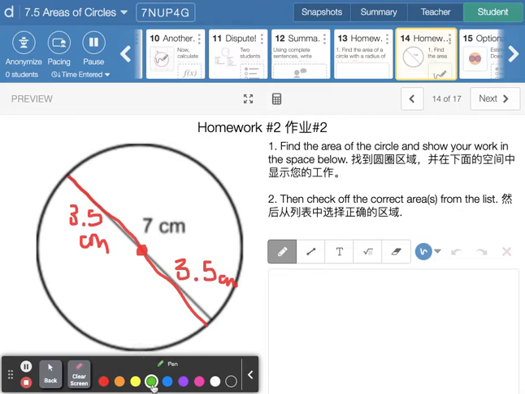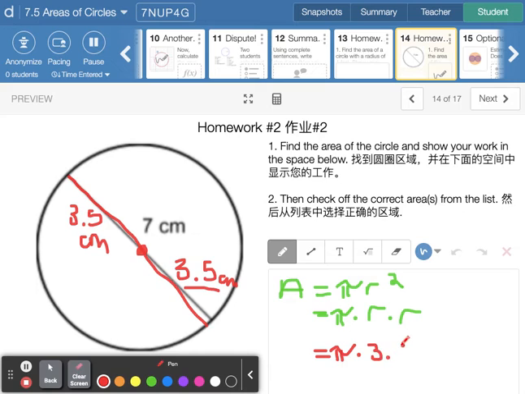So filling out my formula for my area, I know my area equals pi r squared, or same exact thing, pi times r times r. Now I'm going to substitute in my 3.5 for r. So I'm going to say pi times 3.5 times 3.5.